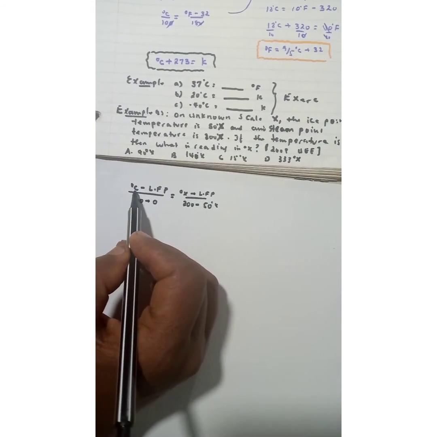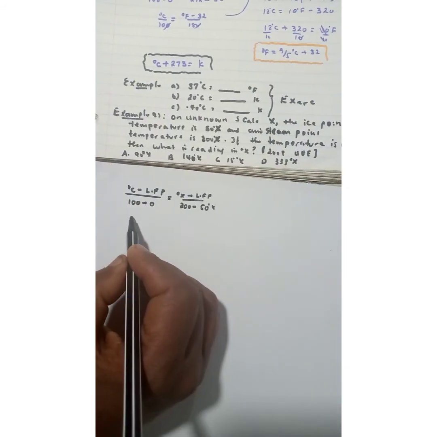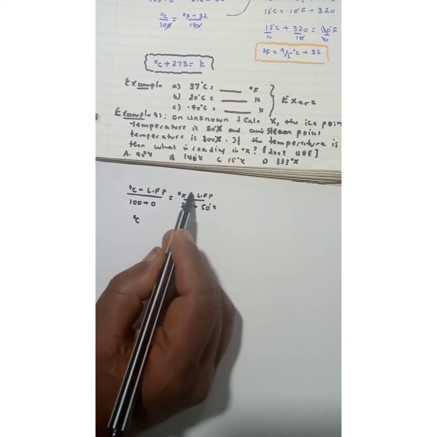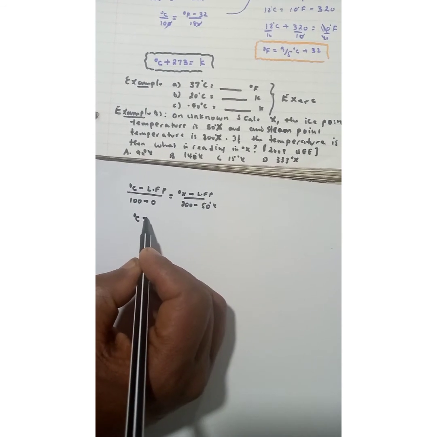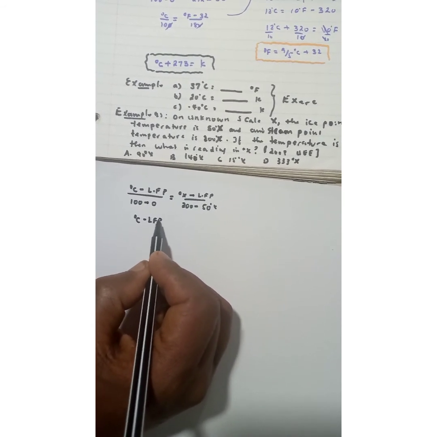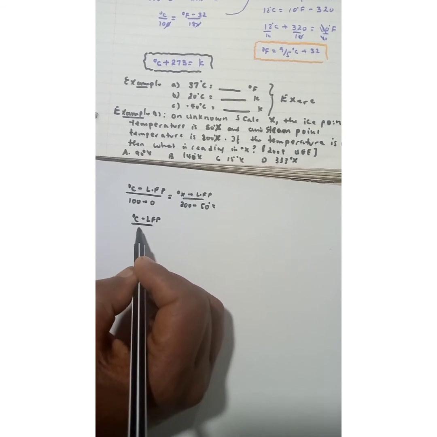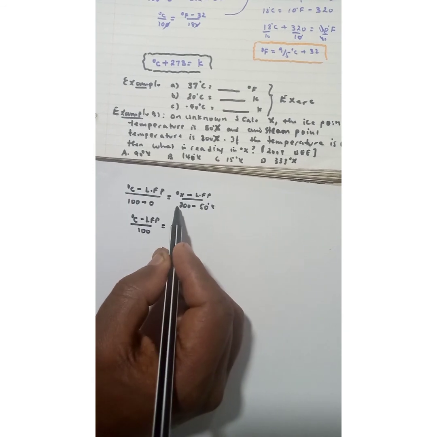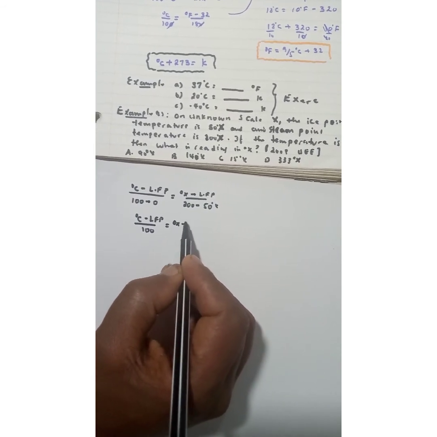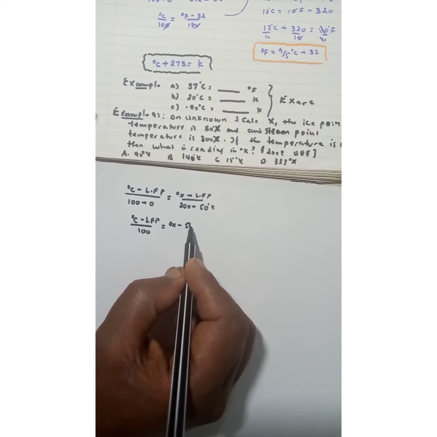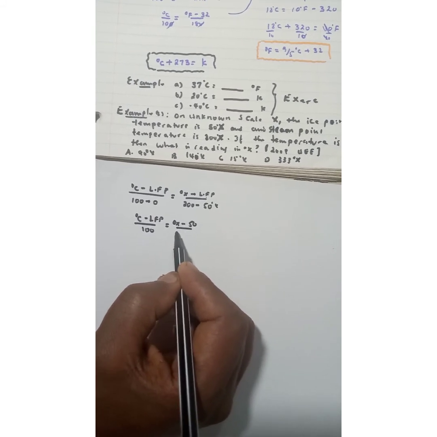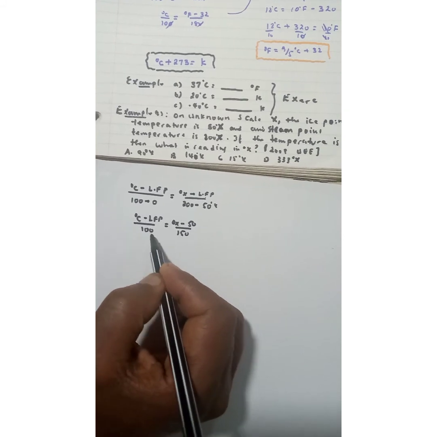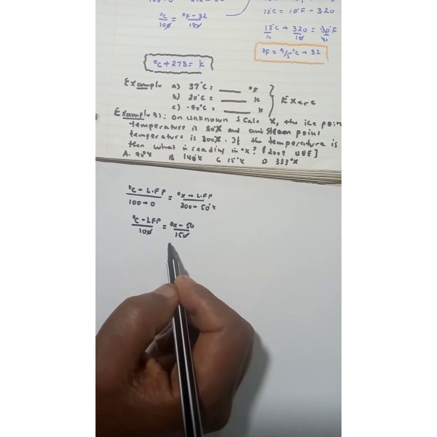Reading in Celsius, which is 60 degrees Celsius, we need to find the corresponding value in X scale. 60 minus 0, divided by 100, equals reading in X minus lower in X scale 50, over 200 minus 50, which is 150. 0 cancels 0.